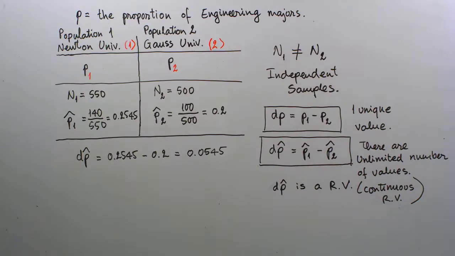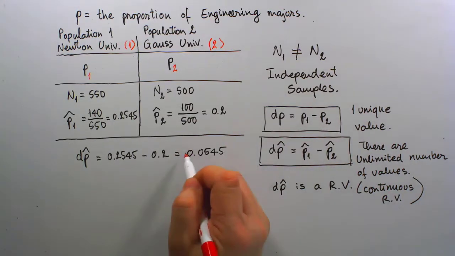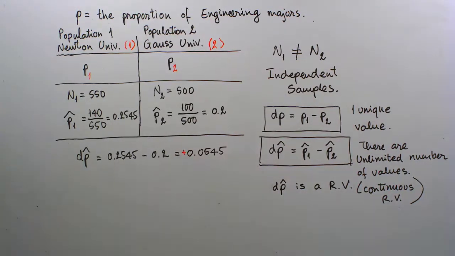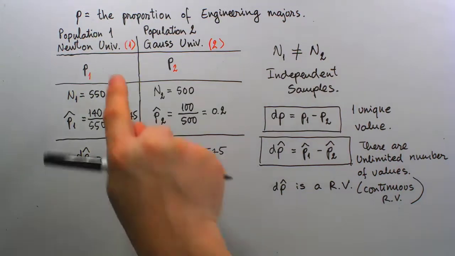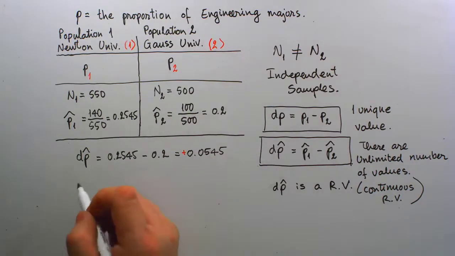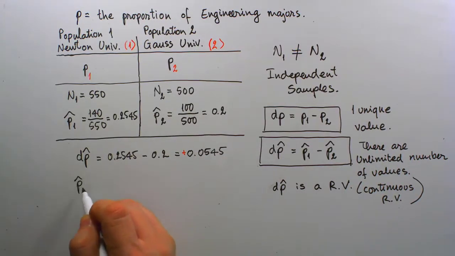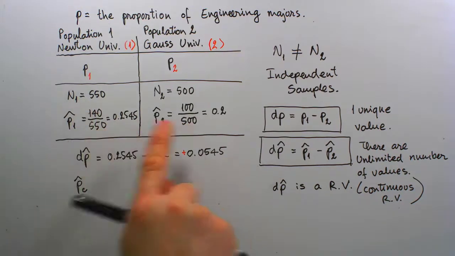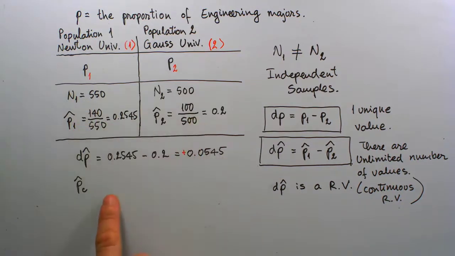But so back to this particular problem, this is a positive difference in my decision of labeling these two populations. And then eventually I am going to need to use the combined sample proportion from the two sample proportions for my later work.